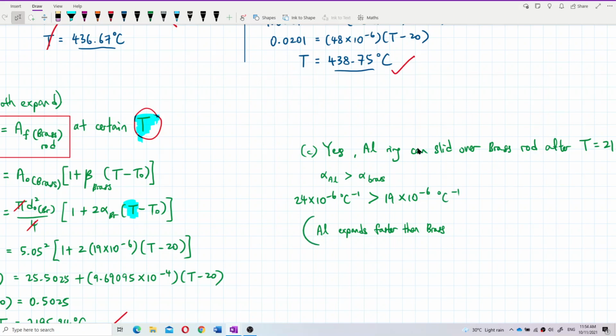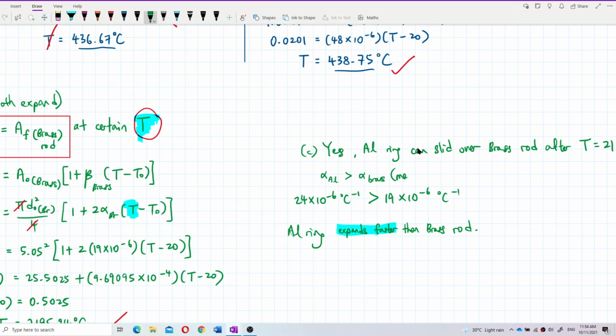The aluminium ring expands faster than the brass rod. The important keyword is expands faster.